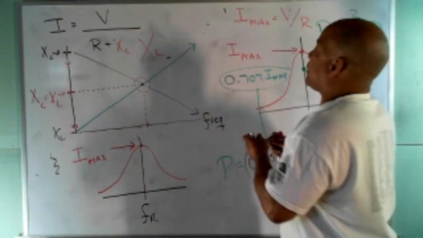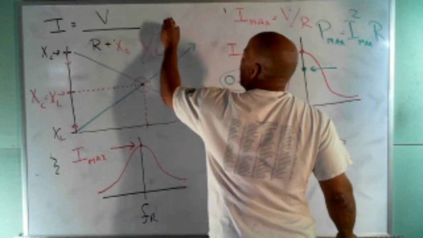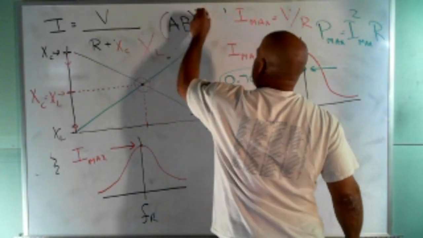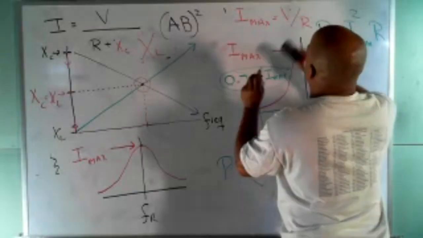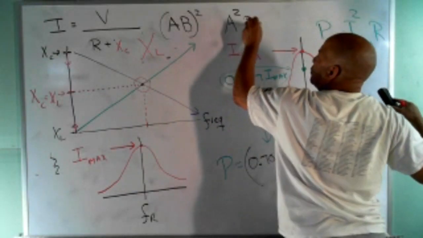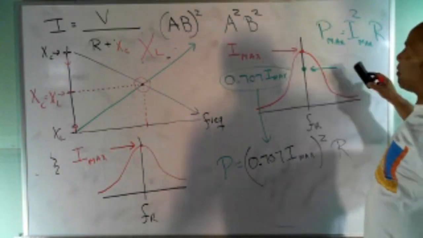Now, remember in your math class, they told you that if you have the product of two numbers raised to a power, then that's equal to each individual factor raised to that same power, right? So you can apply that right here.